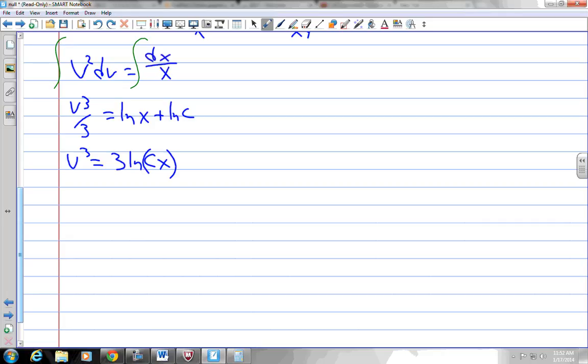Is that okay? We just combine them. So v is the cube root of all that.